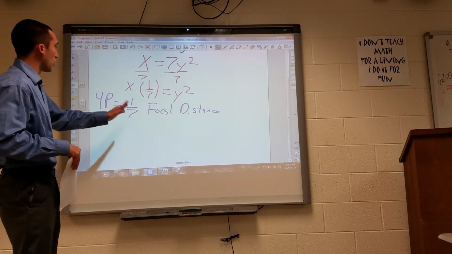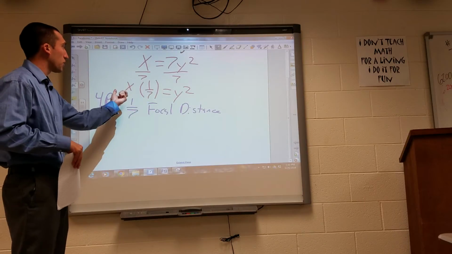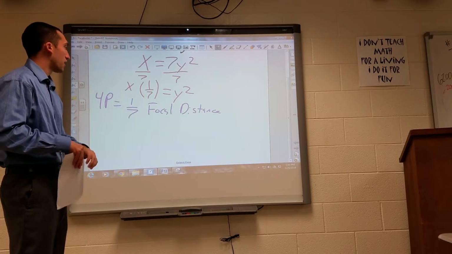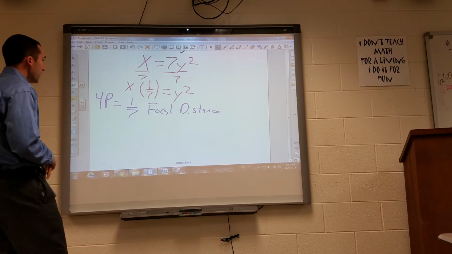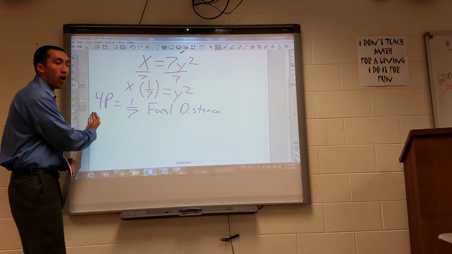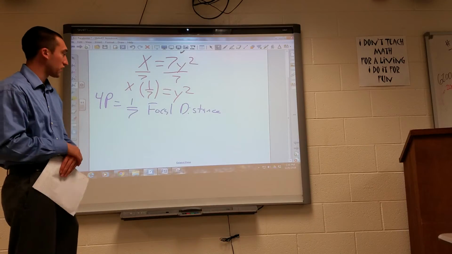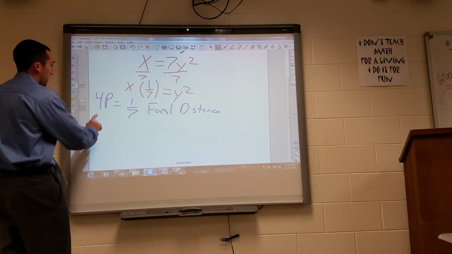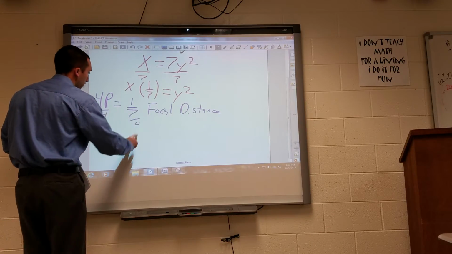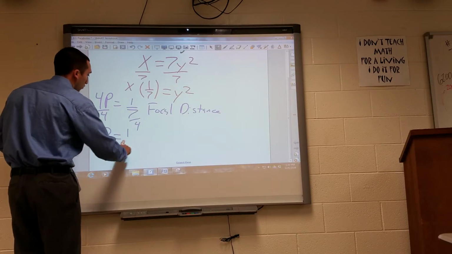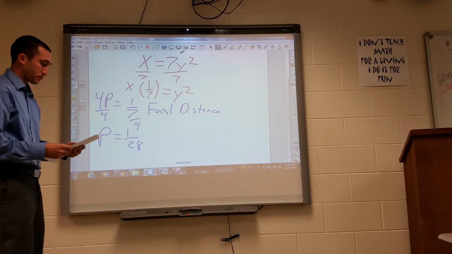But for right now, just know that our coefficient being multiplied by our x is the focal distance. And then I need to find p all by itself, so I can find where the focus is and where the directrix is. So if I want to go ahead and find p, I'm just going to divide both sides by 4. So I find that p is 1/28.